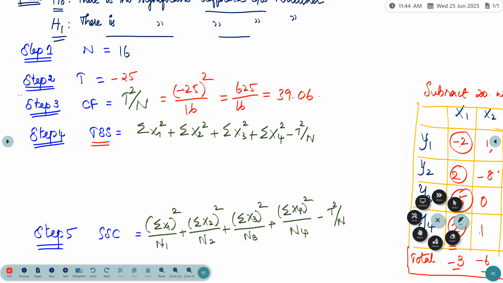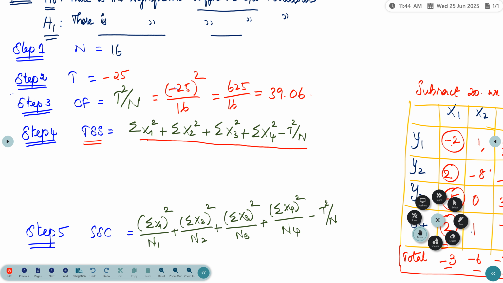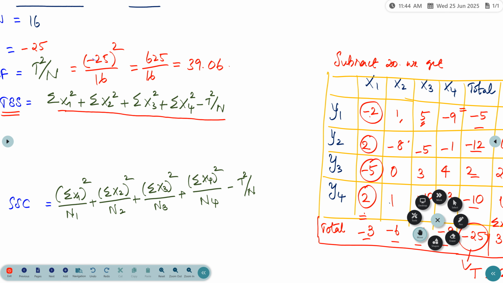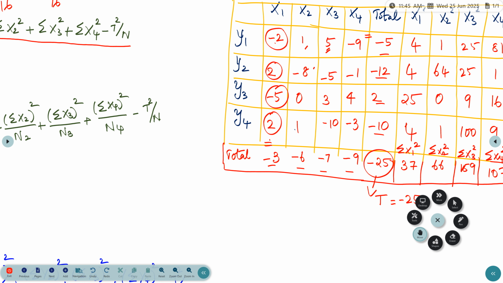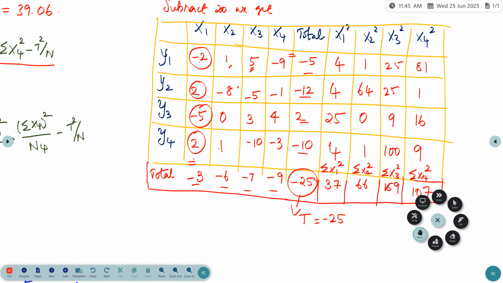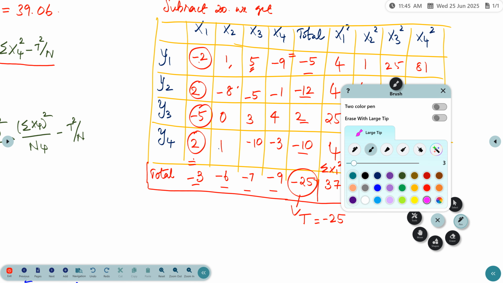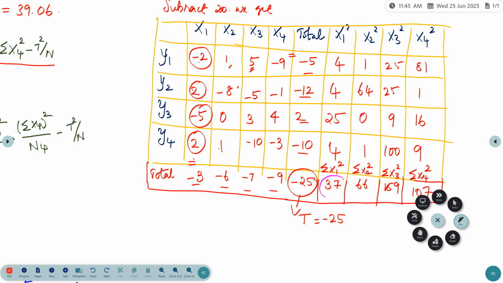What is the formula for TSS? The formula is summation x1 square plus summation x2 square plus summation x3 square plus summation x4 square minus T square divided by n. From the table, you can easily see the values: summation x1 square is 37, summation x2 square is 66, summation x3 square is 159, and summation x4 square is 107.